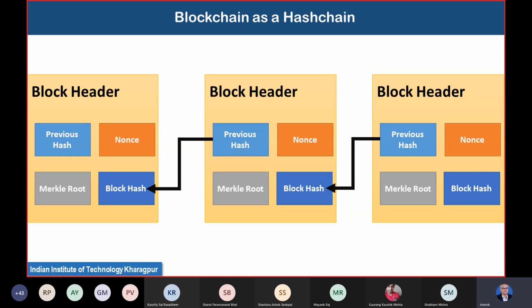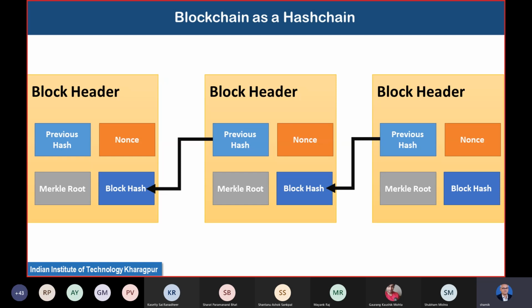So we'll see that a blockchain can have this kind of representation in the form of a hash chain, but we'll see more details of what else goes in each of these headers. Overall we get an idea about what we mean by a blockchain, and how the various blocks are stitched to each other by the hash pointers.